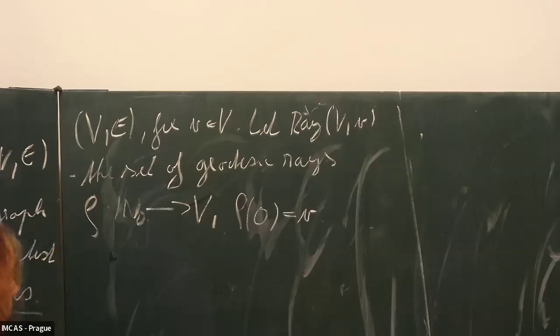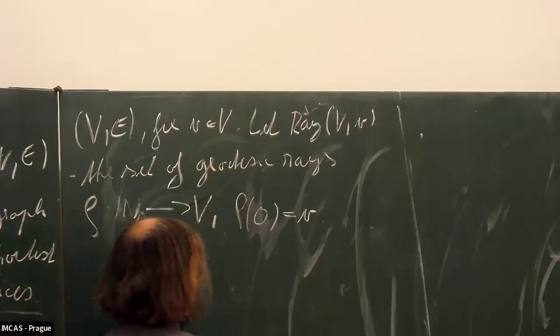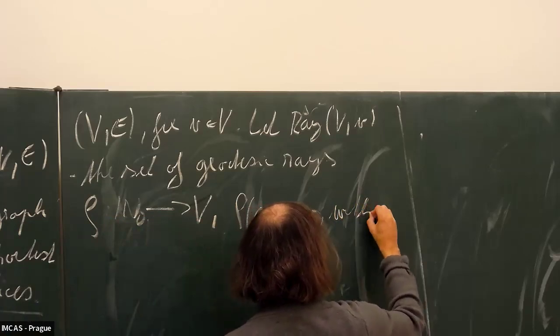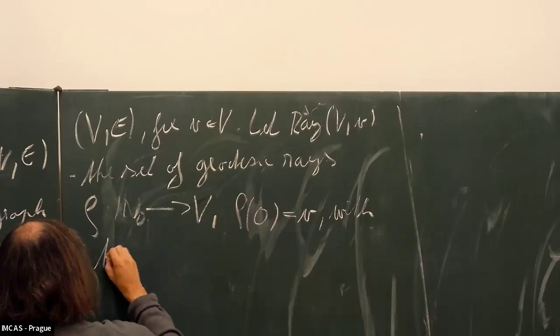We want to topologize it, so we take the topology of convergence on compact sets.